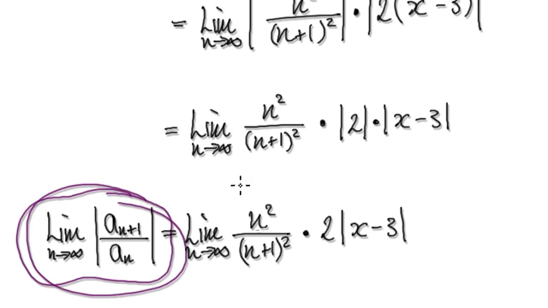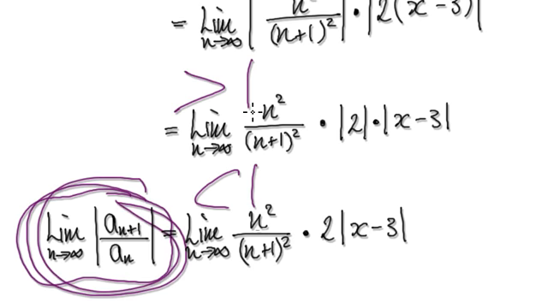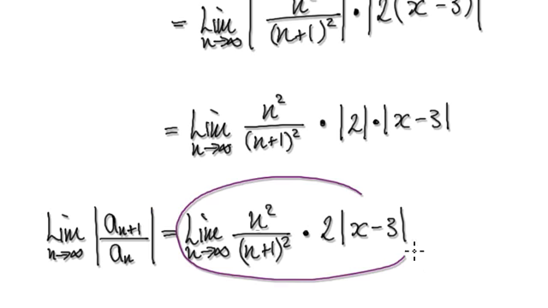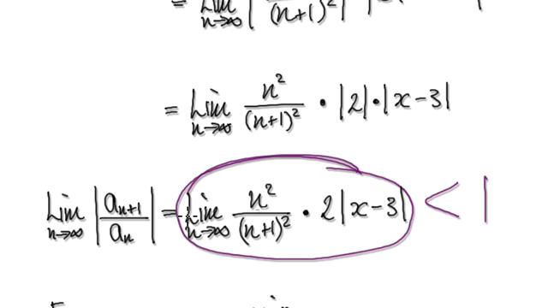If this value here is less than 1, we know it's going to converge. If this value here is greater than 1, it's going to diverge. When this value here equals 1, the test is inconclusive. So for convergence, we require this value here to be less than 1.